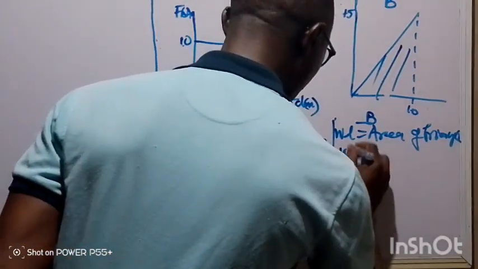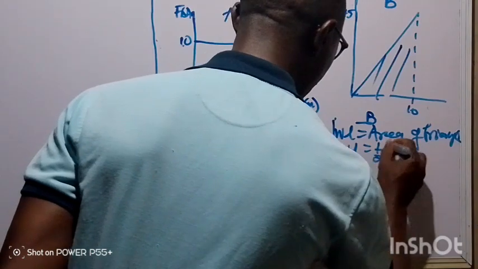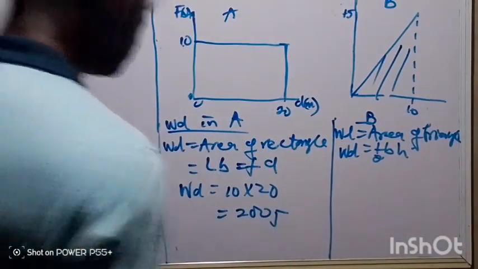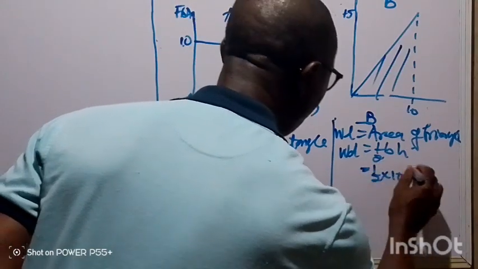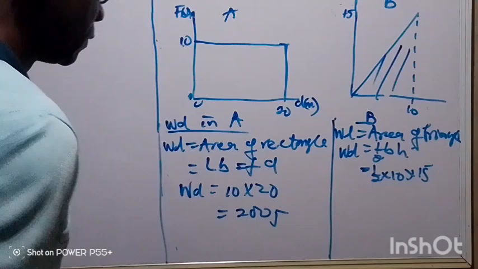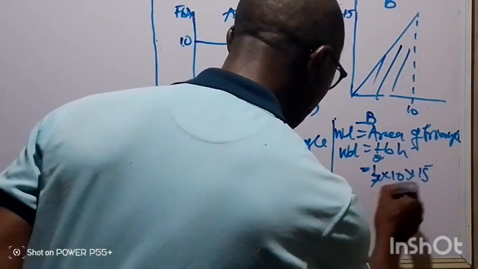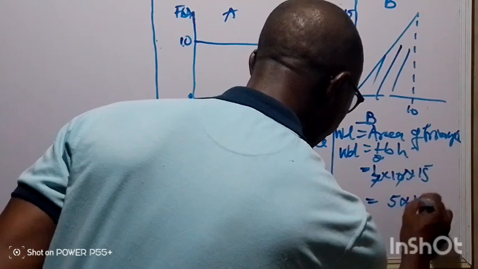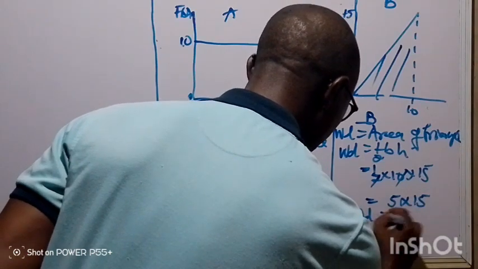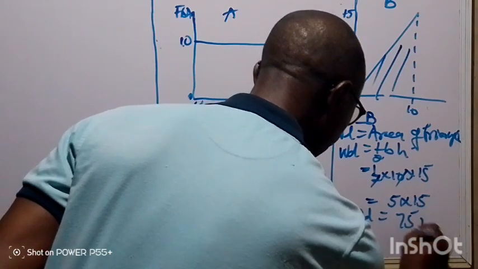Work done will be equal to half base times height, which gives us half multiplied by 10 multiplied by 15. So from this, half of 10 is 5, so that's 5 multiplied by 15. So work done will be equal to 75 joules.